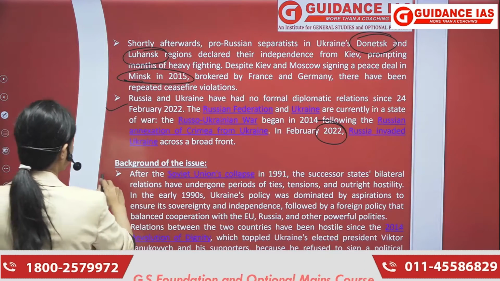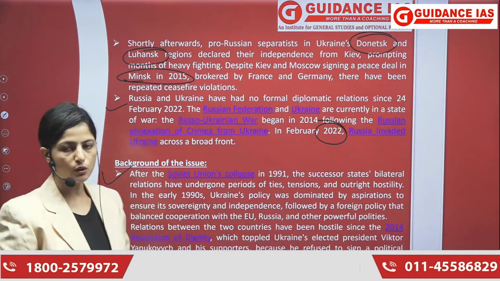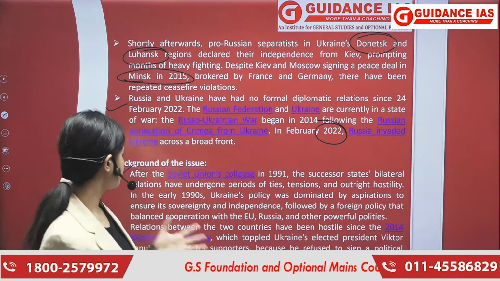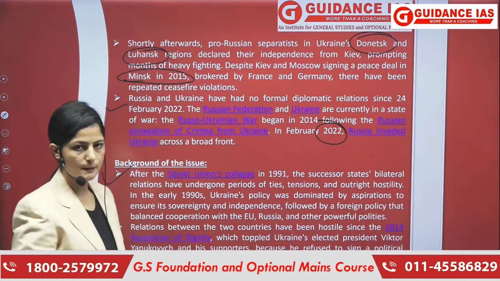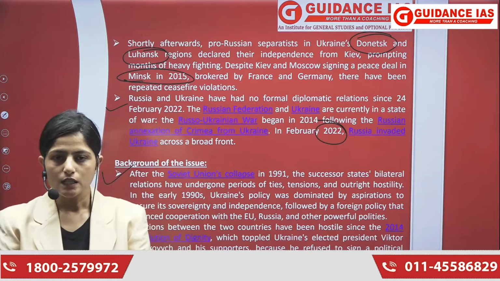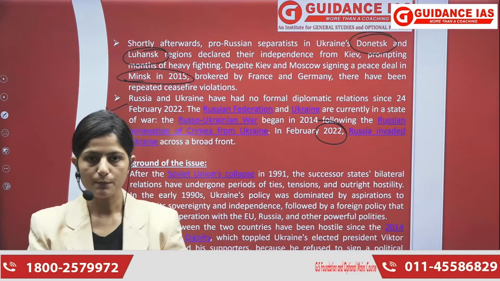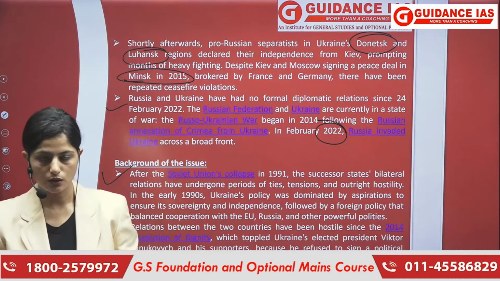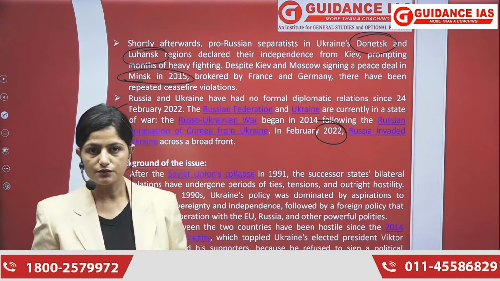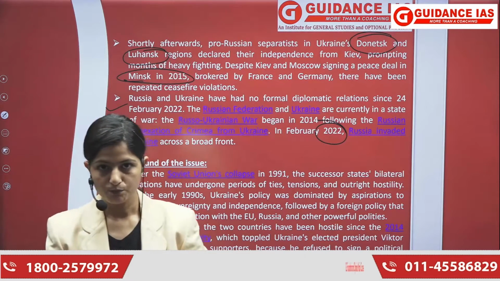Now, what is the background of the issue? We know that before 1991, before the Soviet Union collapsed, it consisted of not just Russia but a lot of other countries, like the Central Asian countries, Kazakhstan, Uzbekistan, etc. And also European countries, like Latvia, Lithuania, Belarus, Ukraine, etc. Right?